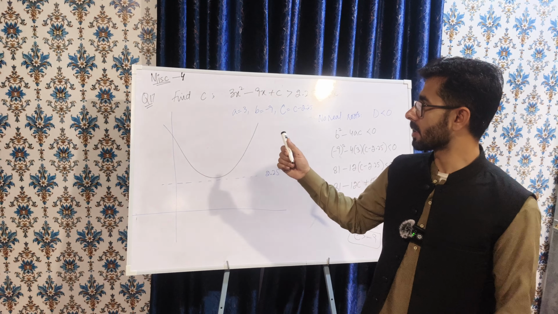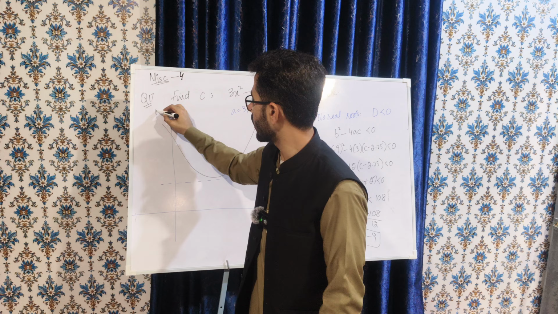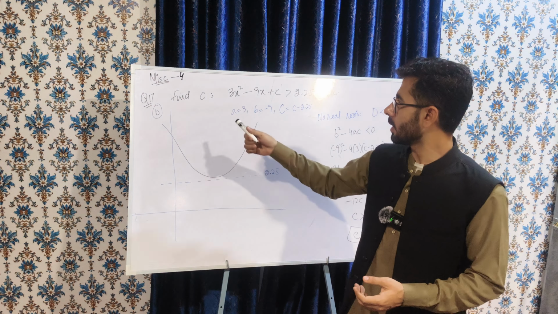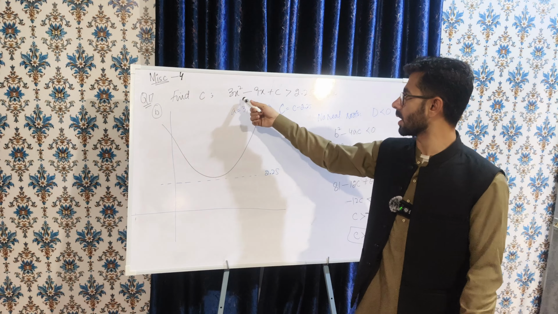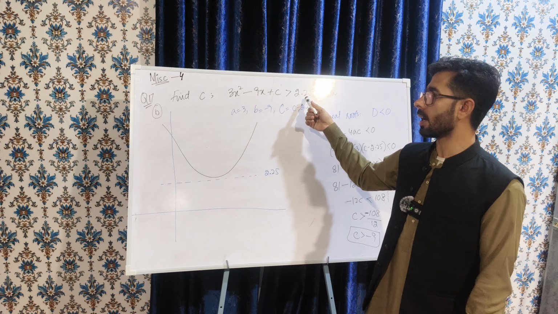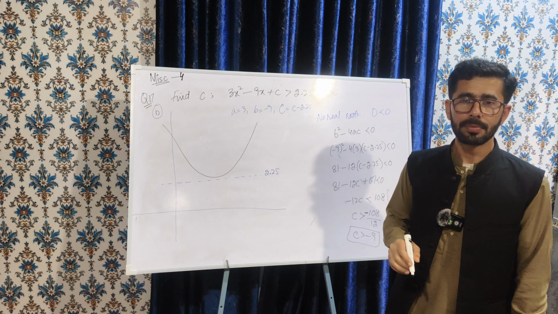We are doing question number 17 part B. This is a bit new, I thought I should do it. It says find the value of c if 3x square minus 9x plus c is entirely above 2.25.